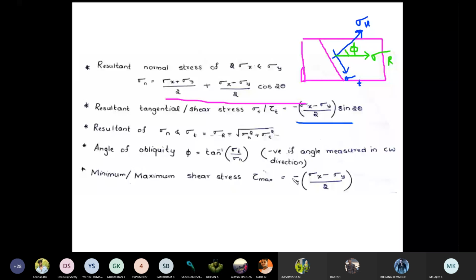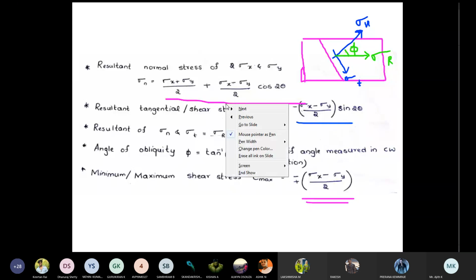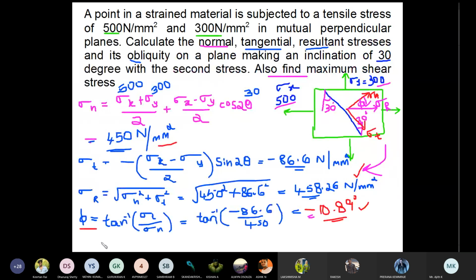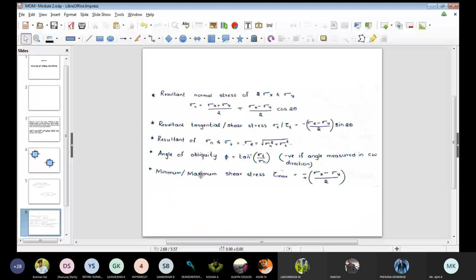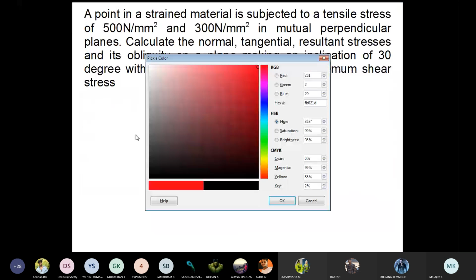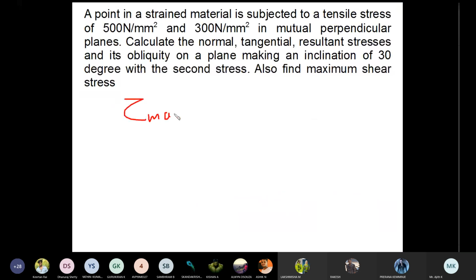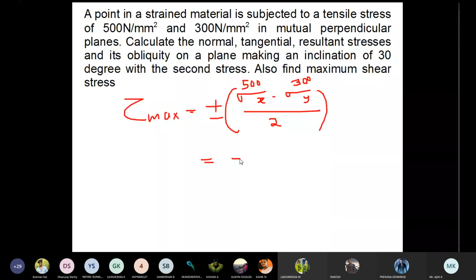Maximum shear stress, tau max, is given by plus or minus (sigma x minus sigma y) divided by 2, where sigma x is 500 and sigma y is 300. So when you simplify, you get plus or minus (500 minus 300) that is 200 by 2, so you get plus or minus 100.